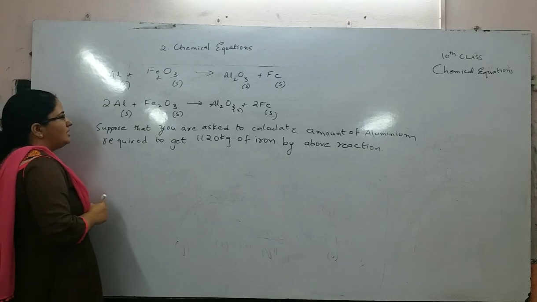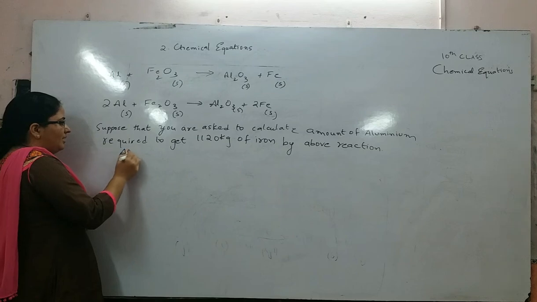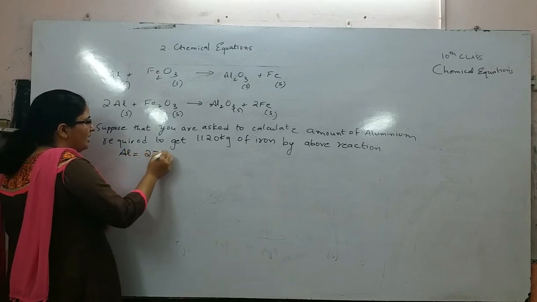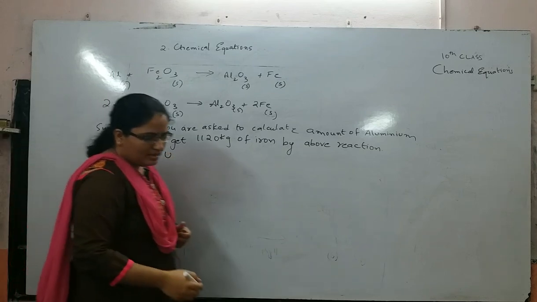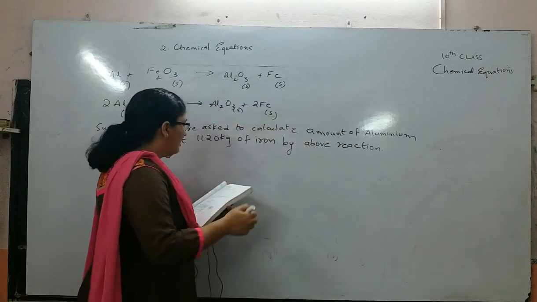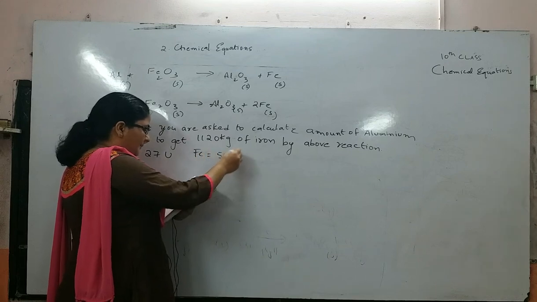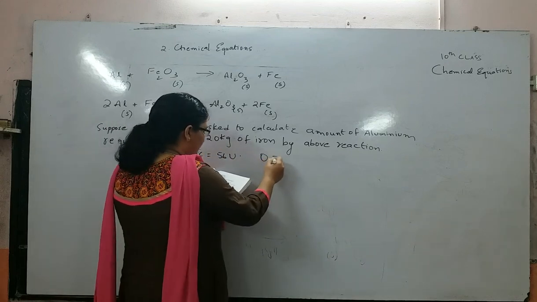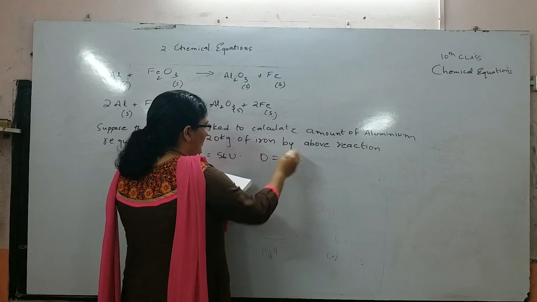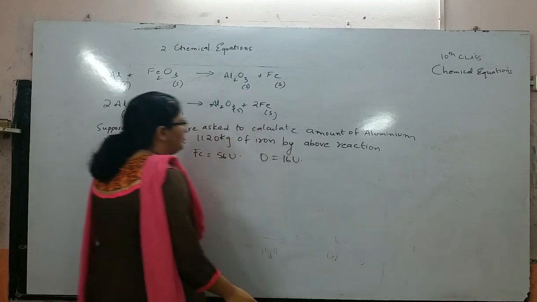So before going to this, let us write down the masses. Aluminium mass is 27U. Iron mass is 56U. Oxygen atomic mass is 16U. Okay, now let us calculate.